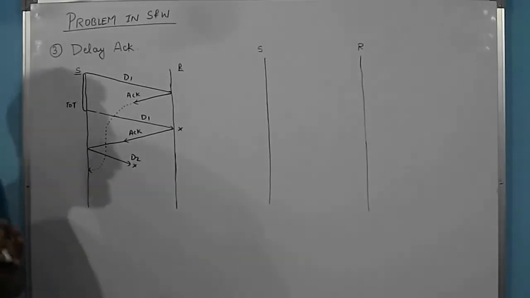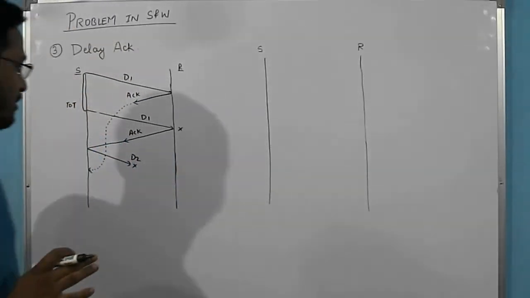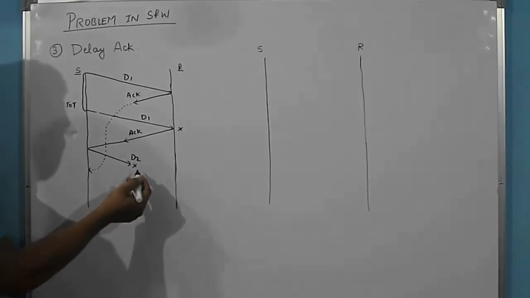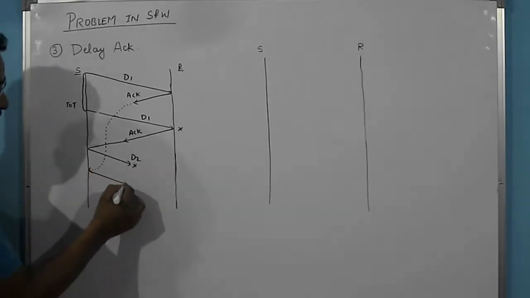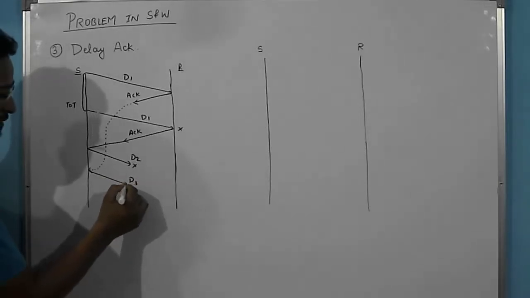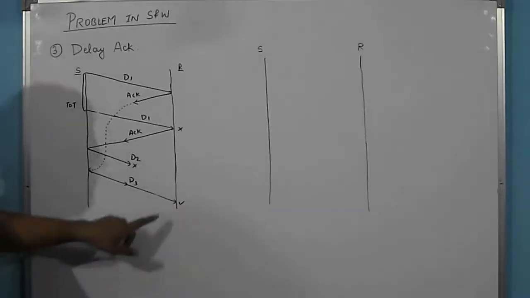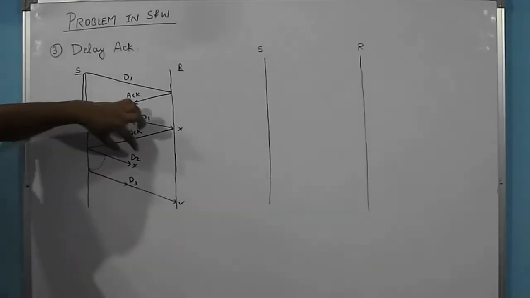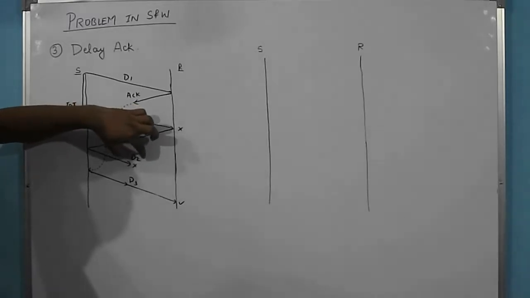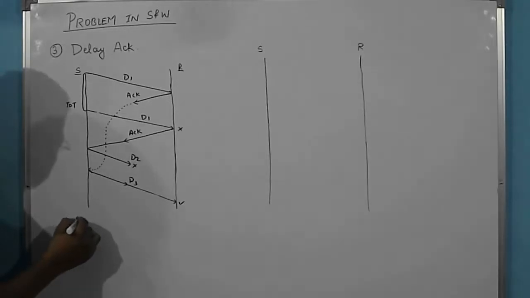Sender assumes that data packet D2 was successfully received by the receiver, and sender sends data packet 3, and receiver receives this data packet. Why? Because this is a new data packet, not a duplicate data packet. So one packet is missed. This problem is called the missing packet problem.